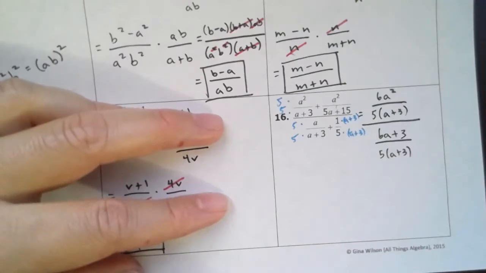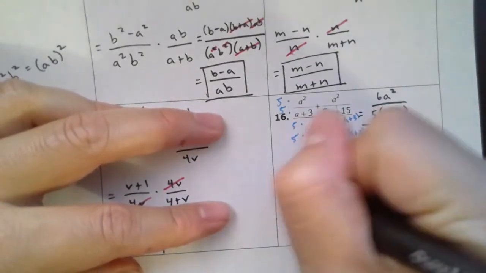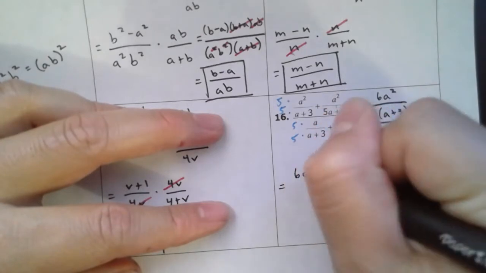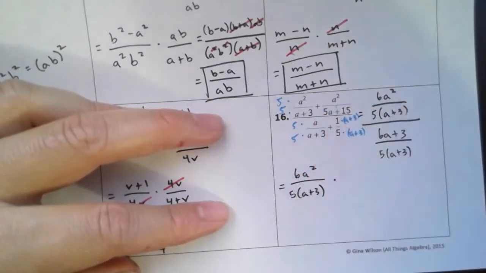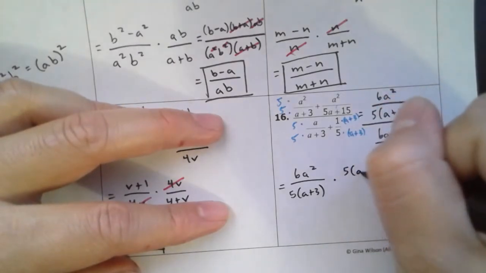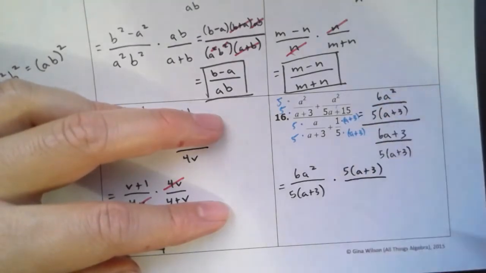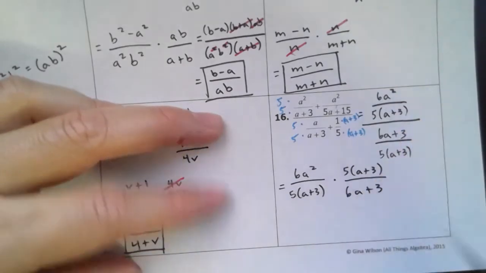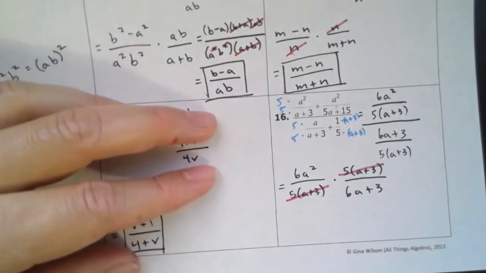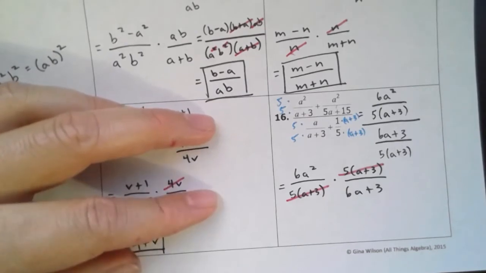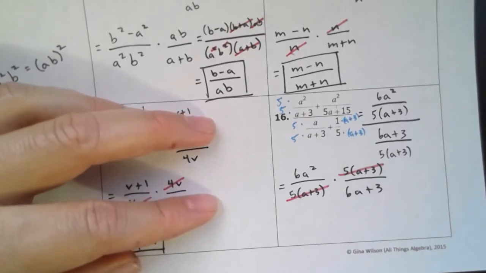So from here, now I can rewrite that as 6a squared over 5 times a plus 3 times 5 times a plus 3 over 6a plus 3. Those all cancel there, and I get left with, let me see, 6a squared over 6a plus 3.